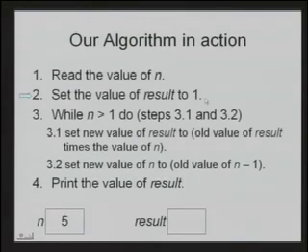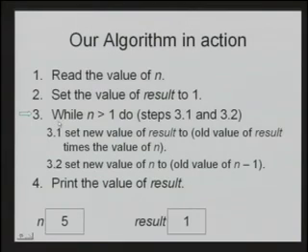Okay? So the second step is set the value of result to 1, and what do you think this will do? As you can imagine, this will do nothing but set the value of result to 1. Here it is. Now here is a sequence of steps which need to be repeated as long as a condition holds. So while n is greater than 1, do these sequence of steps.